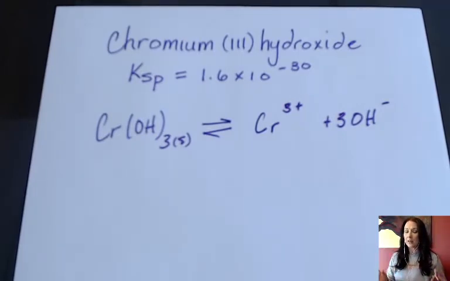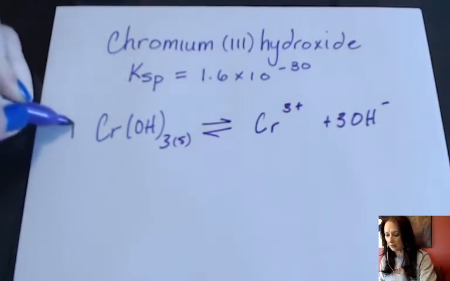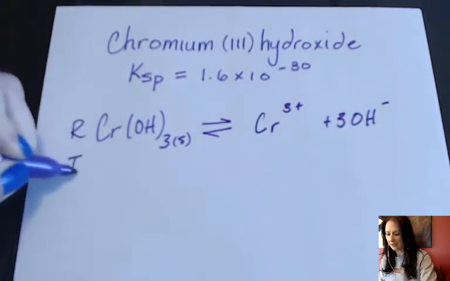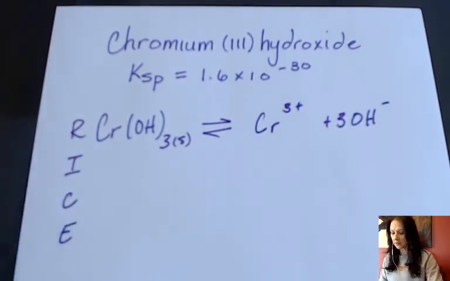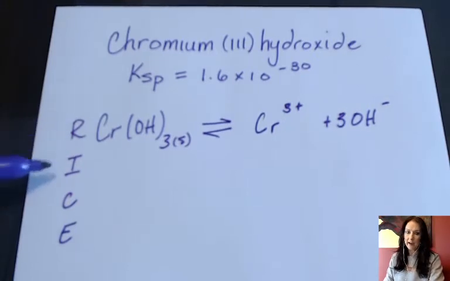At this point, you might want to set up what we call an ICE table or a RICE table, if you like. It's not necessary, but some people do find it a little bit easier to keep all your steps the same and keep them consistent. So a RICE table: reaction, initial, change, and equilibrium.